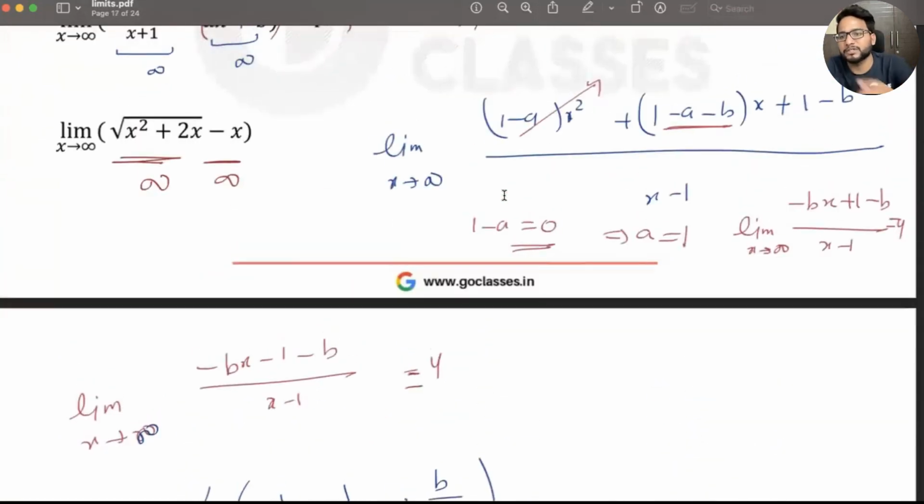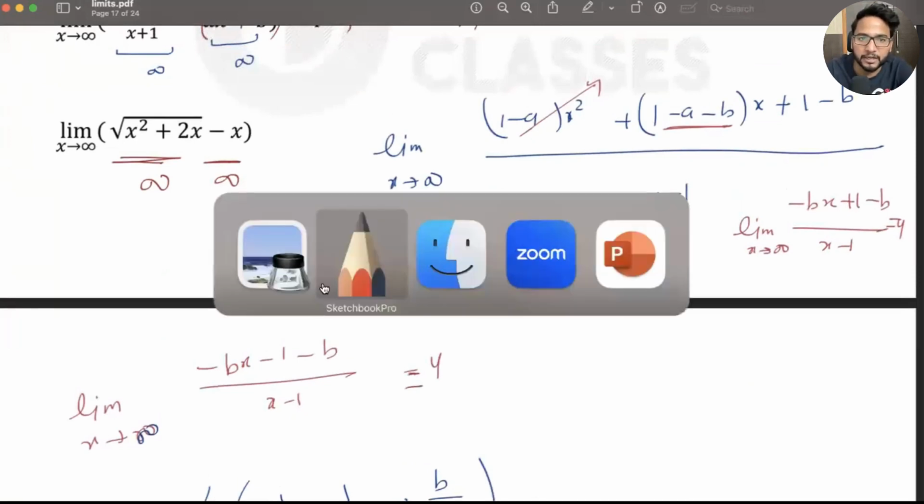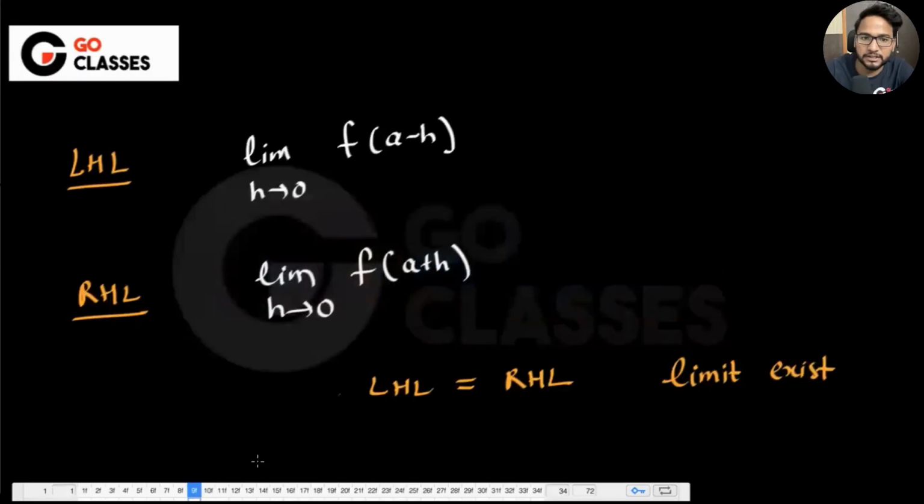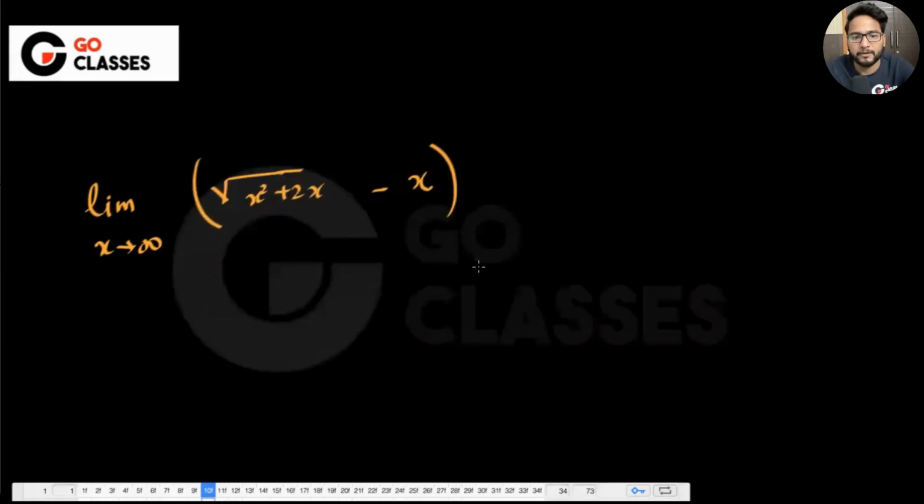Let me just do one thing. Let me take this example: square root of x square plus 2x minus x, limit x tends to infinity. You want to solve this. As you notice, this is infinity minus infinity. So how to solve this question?